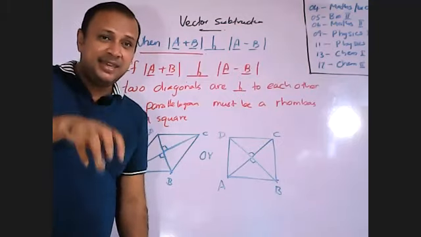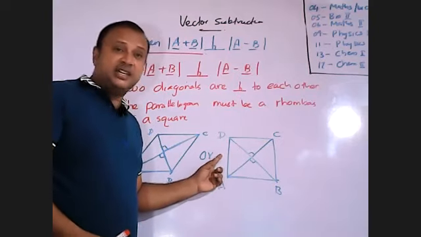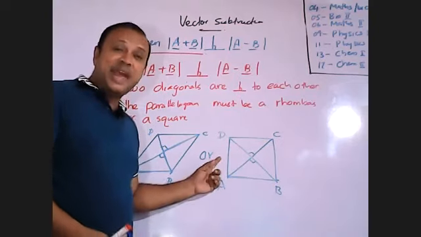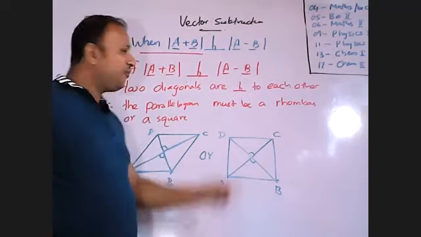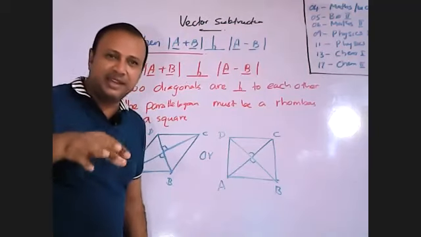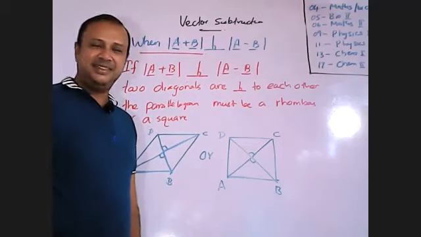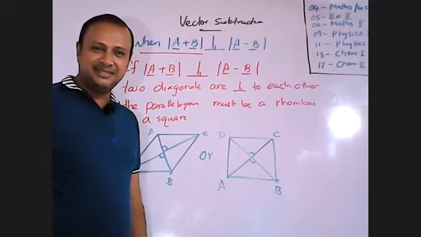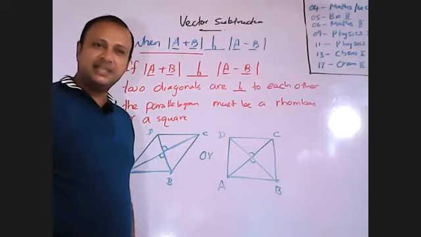That means normally we represent vectors using sides. If this happens, definitely two vectors should be equal to each other.